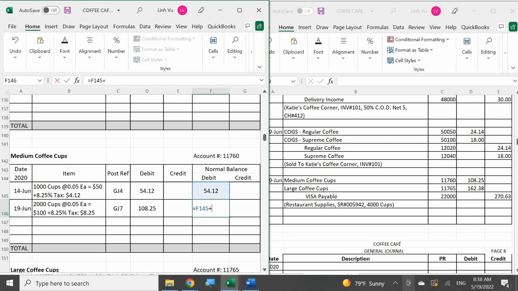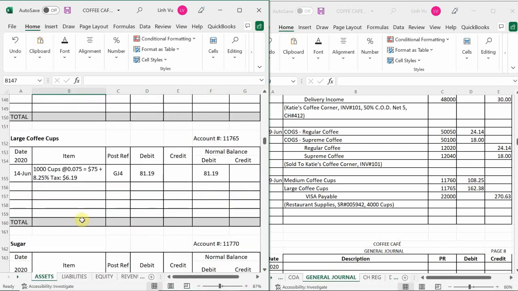So in this case, what is my ending balance in my medium coffee cups? $162.37. 162.37. Good.